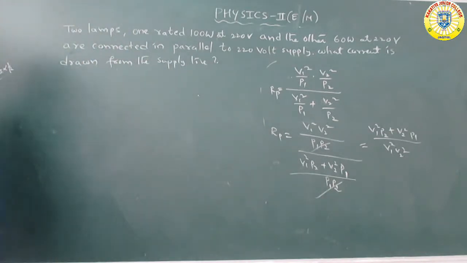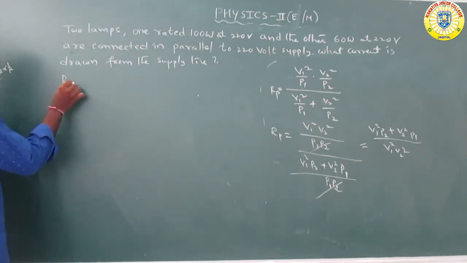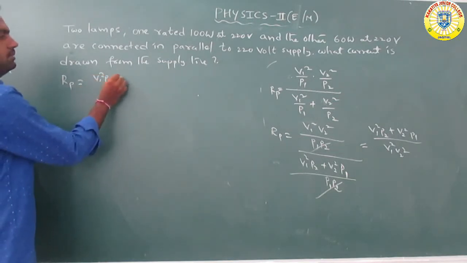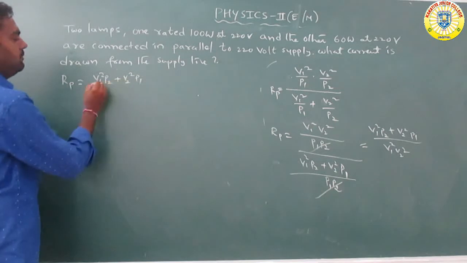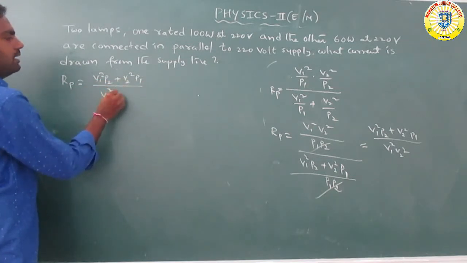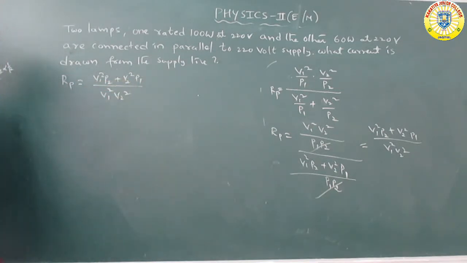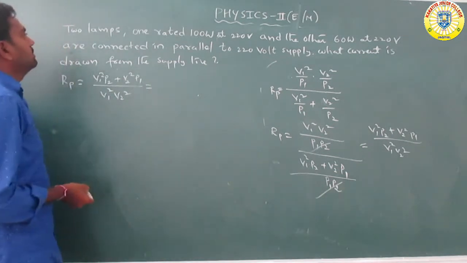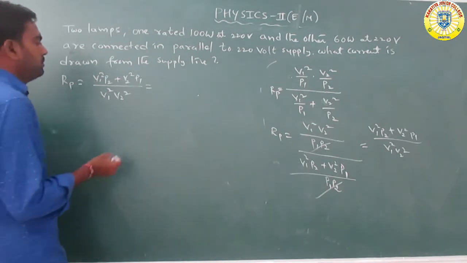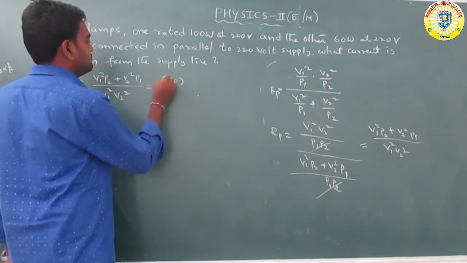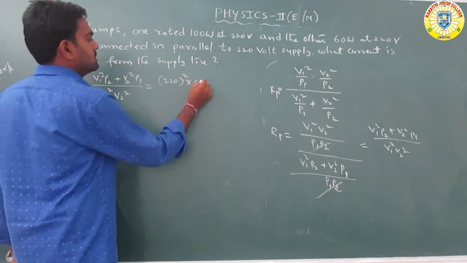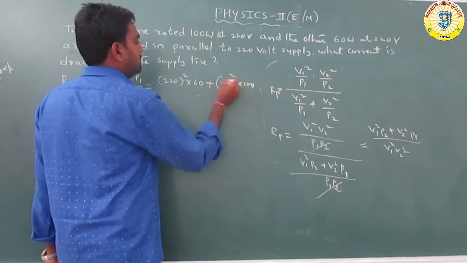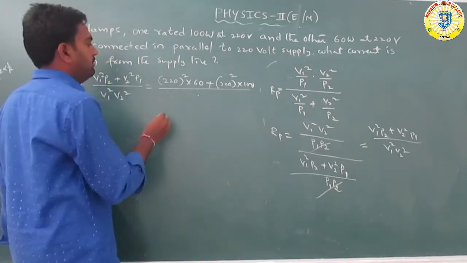Now substituting, V1 is equal to 220 volts, P2 is equal to 60, V2 is 220 volts and P1 is 100.